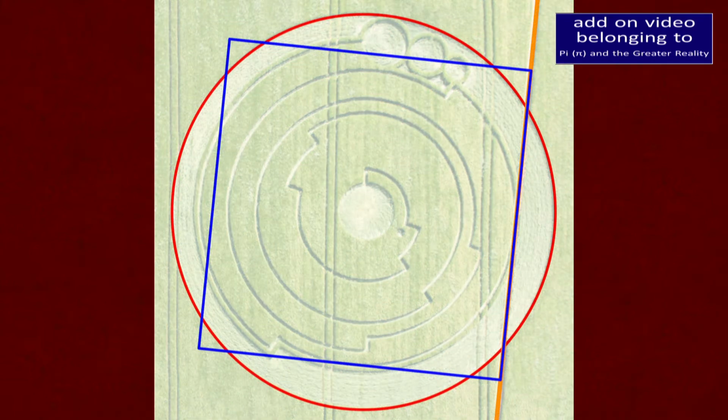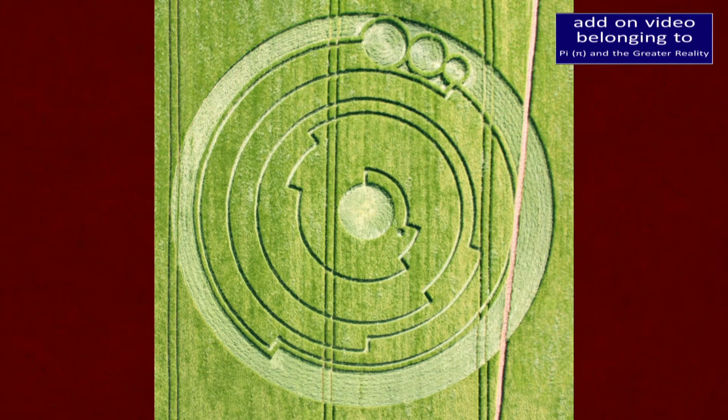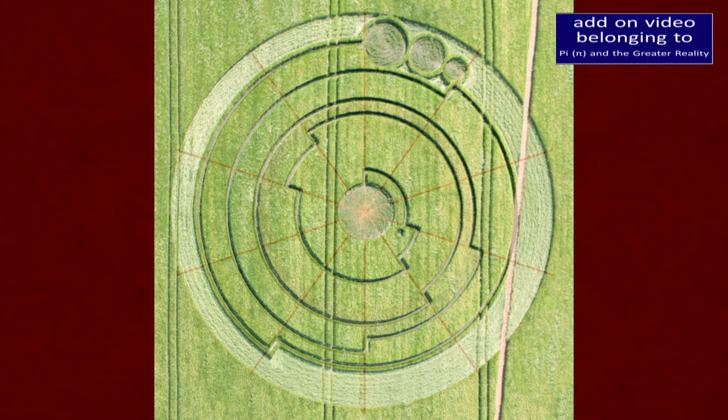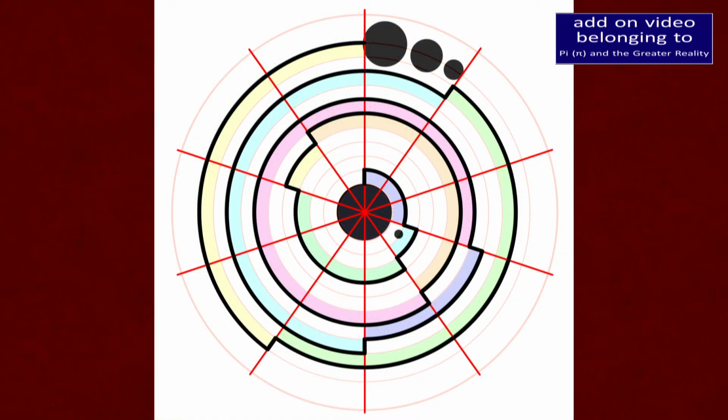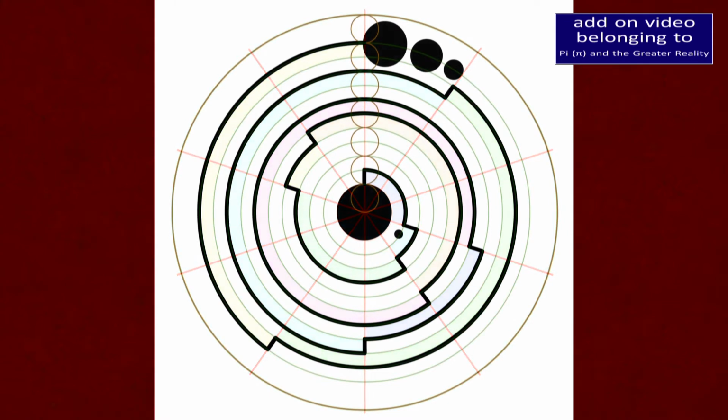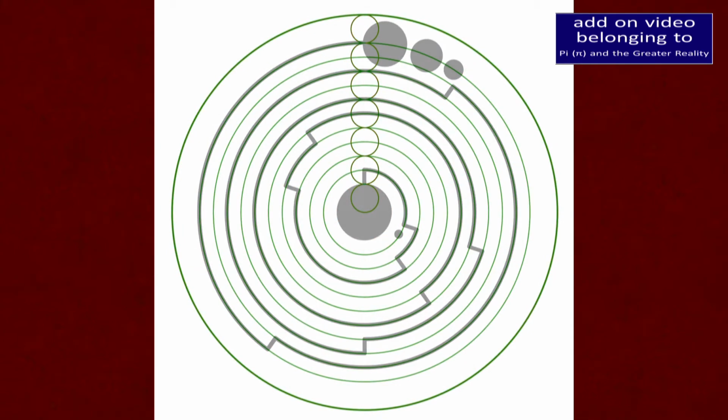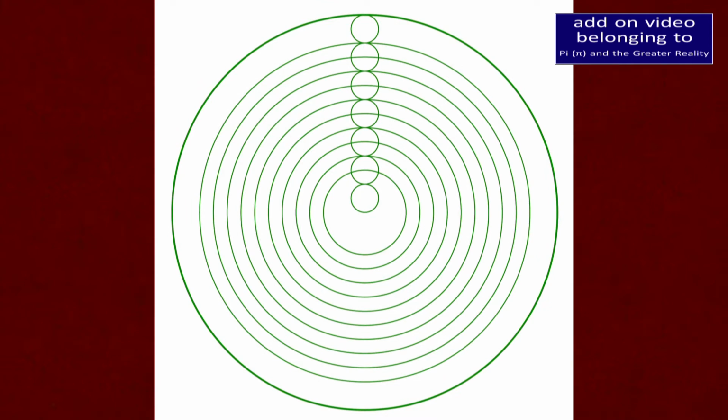At first glance, it looks like the crop circle is based on tenfold geometry. It is not. It is based on sevenfold geometry. The skeleton of the circle was formed by 7 small circles stacked on top of each other.